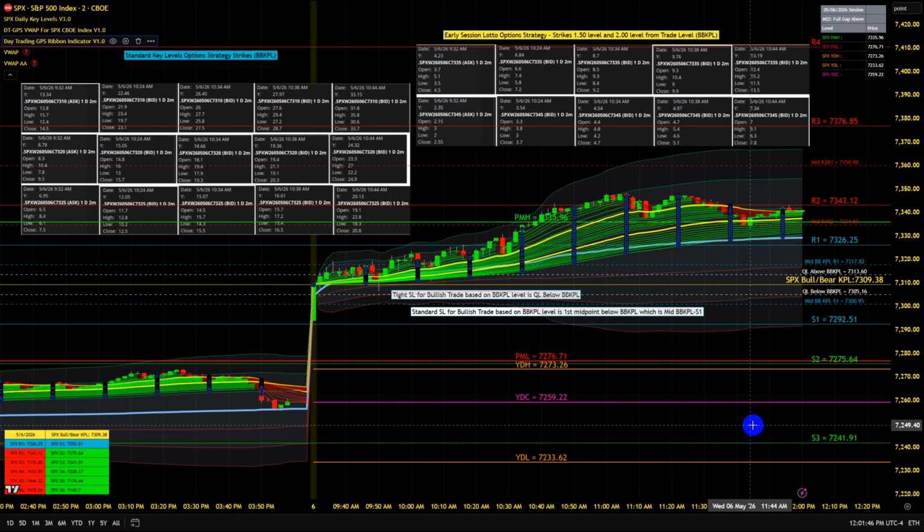And then we're also going to take a look at our new early session lotto option strategy, which is for two additional levels. And what are some of the advantages of the early session lotto option strategy that you can consider over using the standard key levels option strategy?